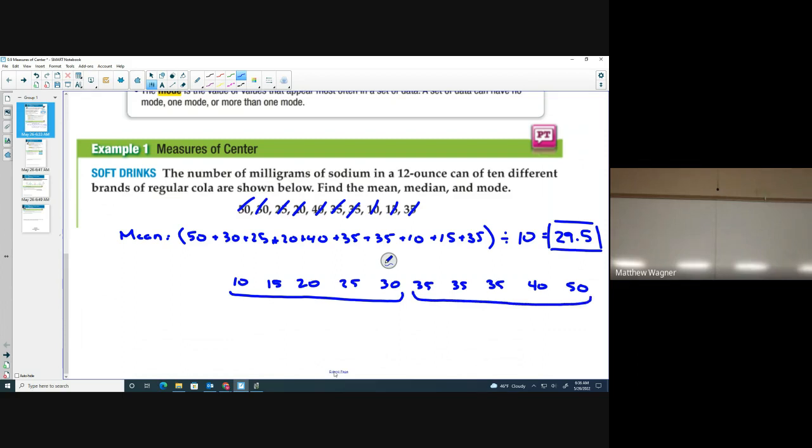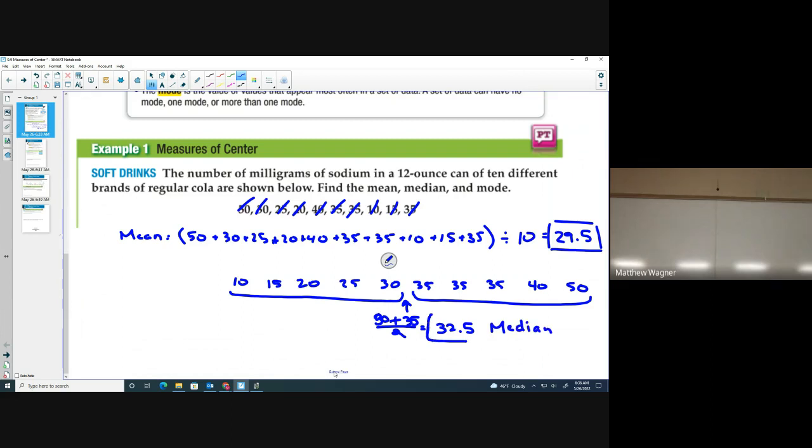So when there's an even number, remember the median is the average of those two numbers. So when we look at this, I'm going to do 30 plus 35 divided by 2. So I'm going to get a 32.5 as my median.